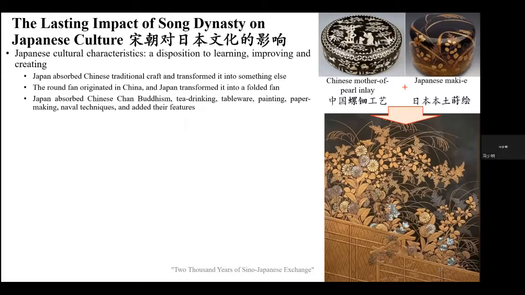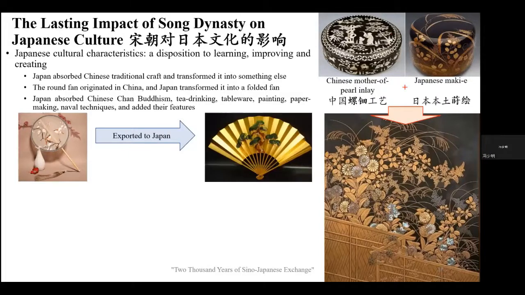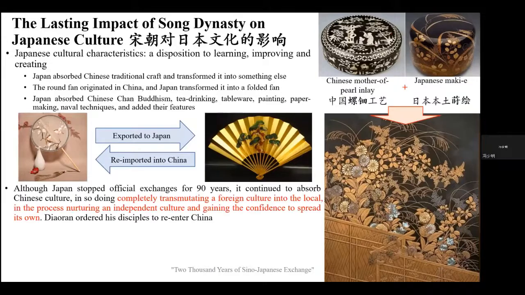something new. For example, we have the fan, and the round fan originated in China, and when the Japanese brought it back, they transformed it into a folded fan, and then exported it back into China, right? Besides that, the Japanese also absorbed Buddhism, tea drinking, tableware, painting, and paper making, right?